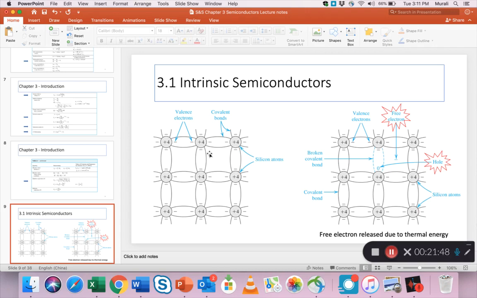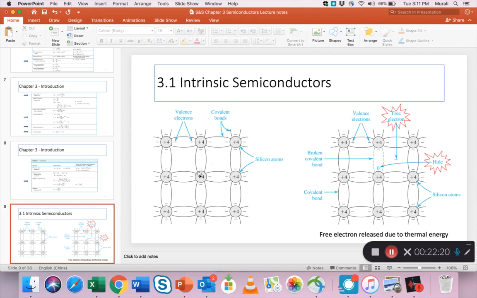As you may remember from high school physics, atoms are held together by something called bonds, and there's a covalent bond between two silicon atoms that keeps everything together. A silicon atom, let's say this one in the middle, has 4 electrons, and so it makes connections to 4 other atoms in the neighborhood.